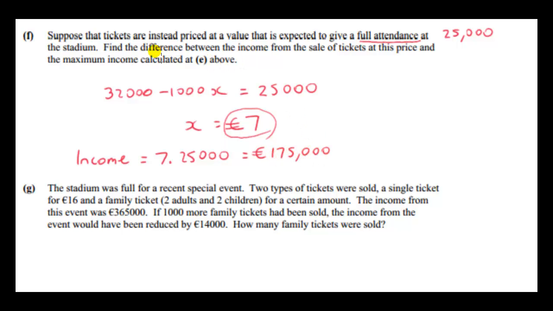Now we want the difference between the income from the sale of tickets at this price, that is at 7 euros, 175,000, and the maximum income that we saw in the previous part. So here is the maximum income that occurred when the ticket price was 16 euros. And we want to subtract this value here.